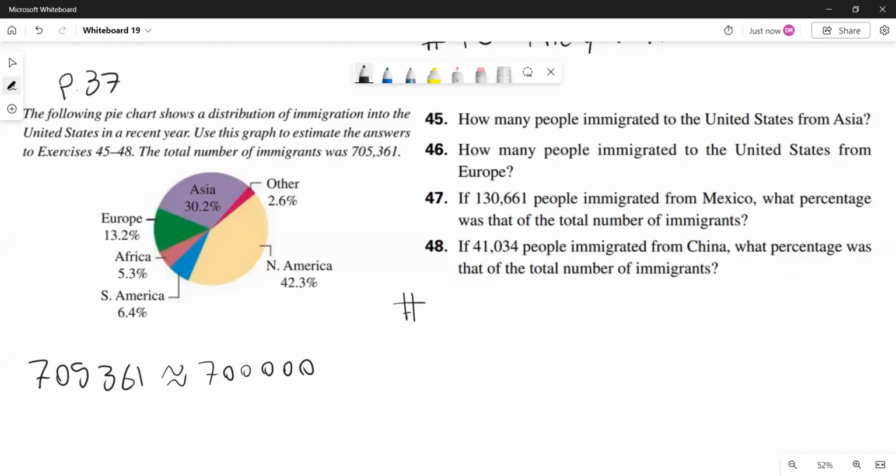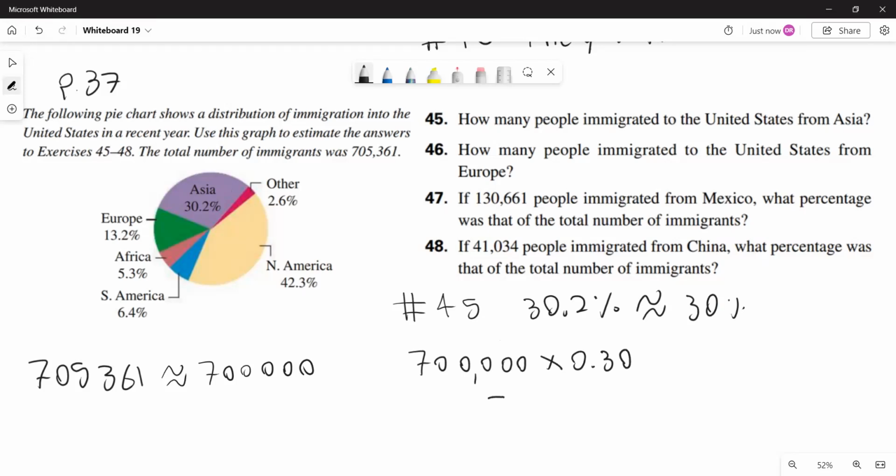So on number 45, people who immigrated from Asia, we can see on the graph that this is 30.2%. We're going to use a compatible number of 30%. So 30% of 700,000 is going to be 210,000.